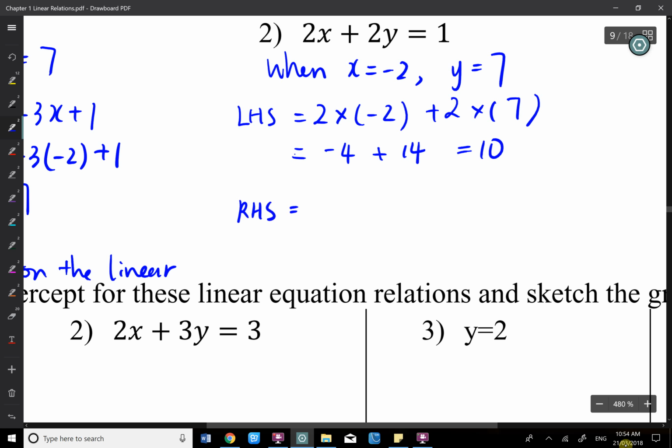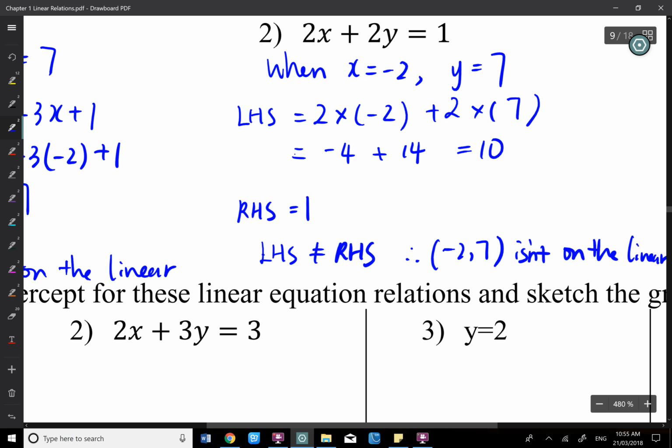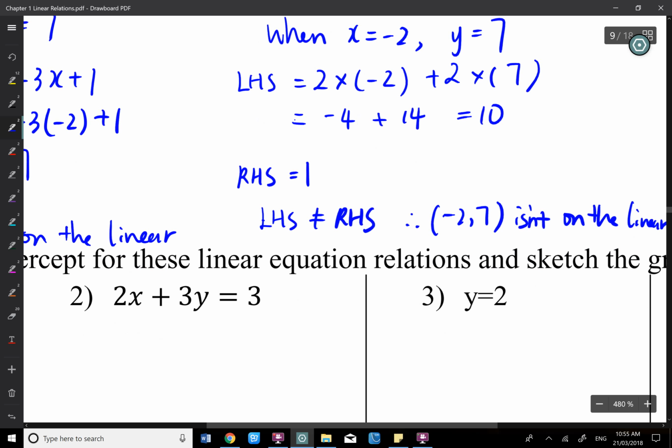Right hand side is just 1. It doesn't change with the x, y values. Left hand side is not equal to right hand side. So (-2, 7) is not on the line, or not on the graph, or not in that equation.